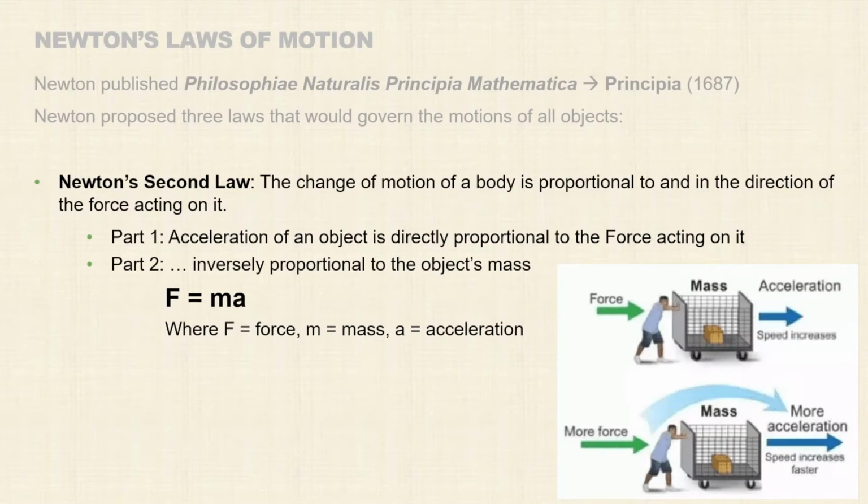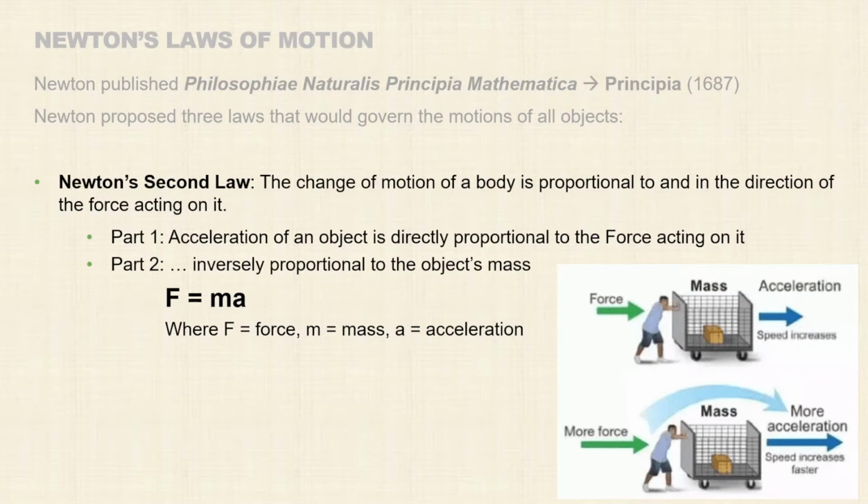The second law states that when I apply force to any object, like this one here again, it's at zero velocity, zero acceleration. When I start to apply force to it, it accelerates. The acceleration is directly proportional to the force applied. Higher the force, higher the acceleration. And it is inversely proportional to the mass of the body.